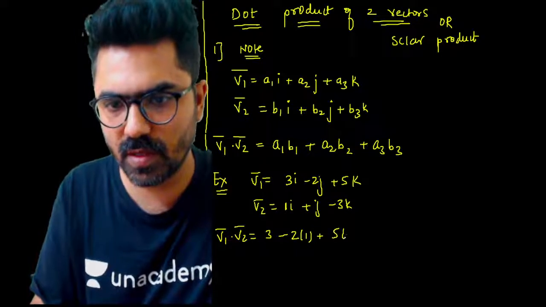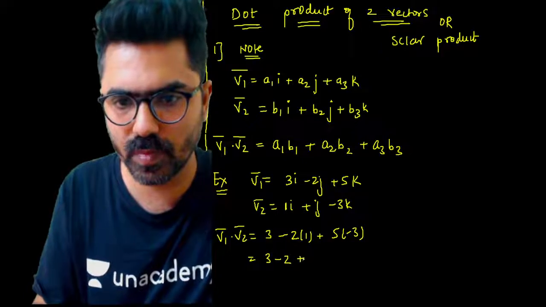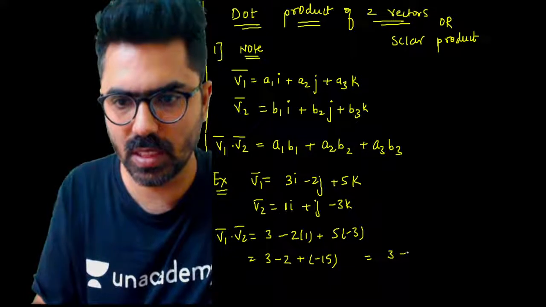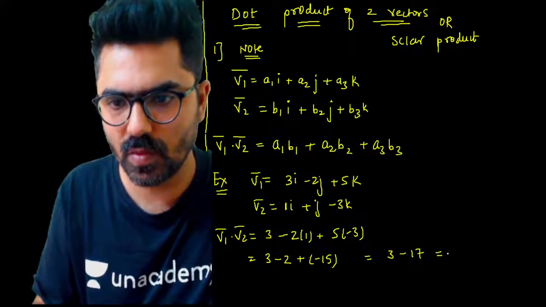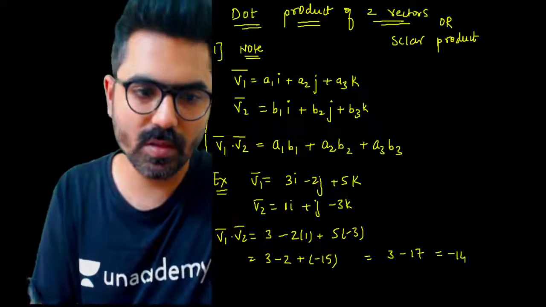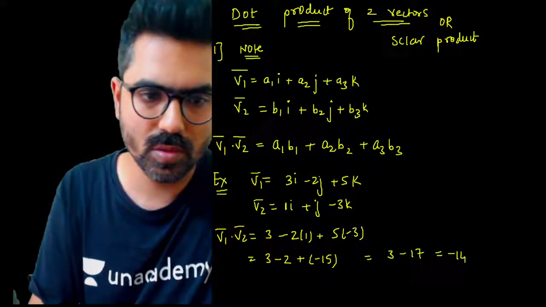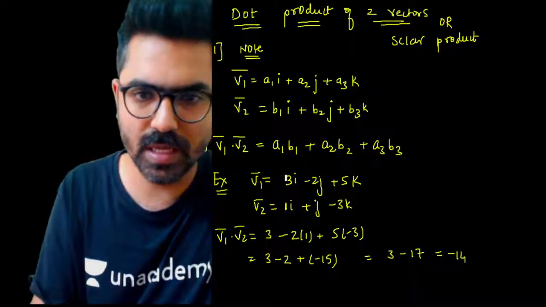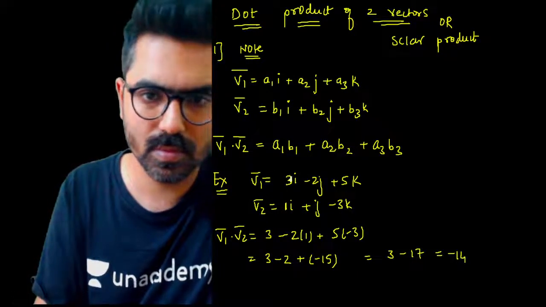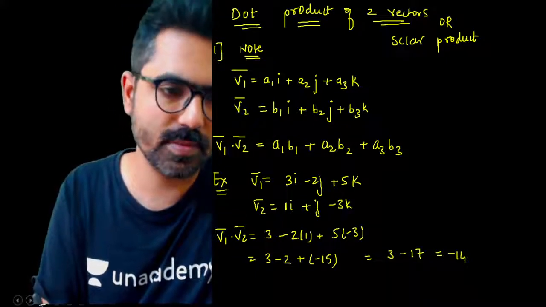Then 5 into minus 3, like this. So 3 minus 2, this is minus 15, it becomes 3 minus 17, which is minus 14. So it's a very basic kind of question in which you have to just multiply the i components, okay, then the j components, then the k components.